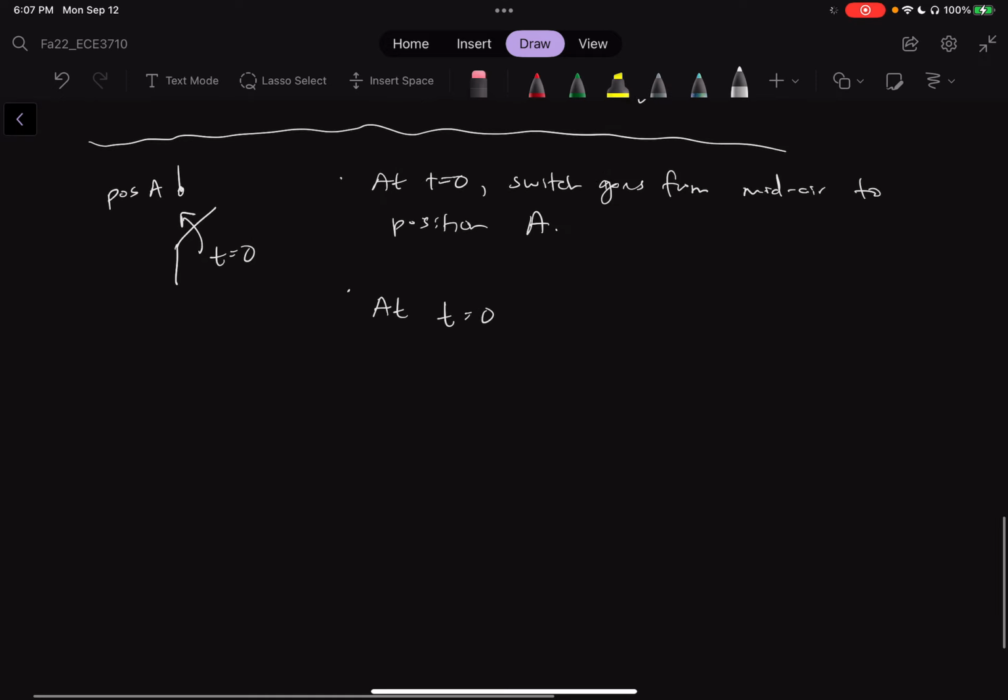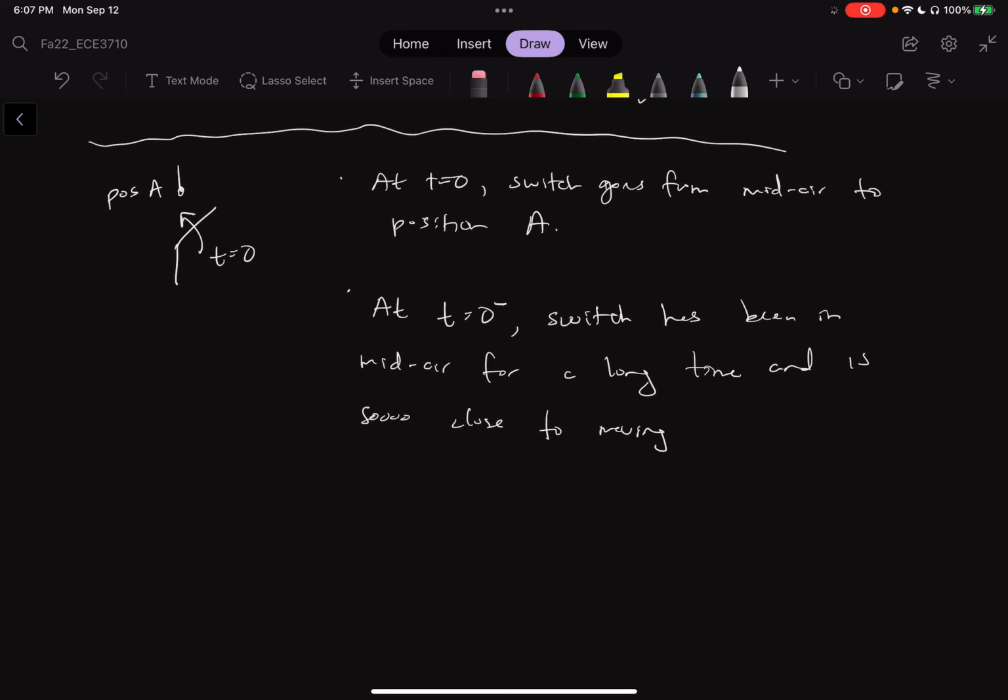But at t equal to 0 minus, the switch has been in mid-air for a long time and is so close to moving to position A. And then at t equal to plus infinity, the switch has been at position A for a long time.